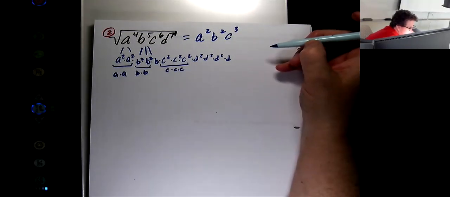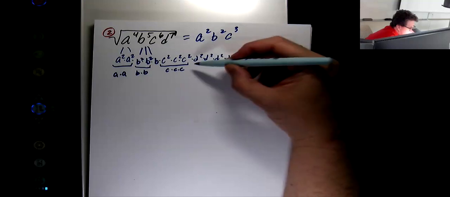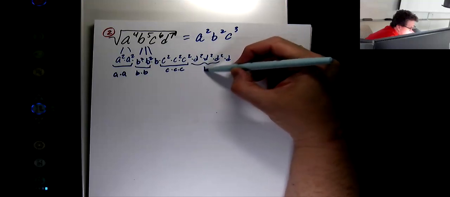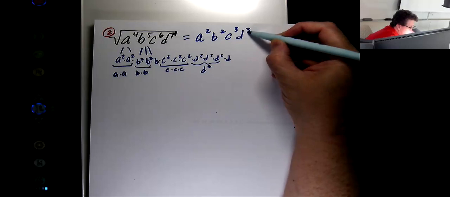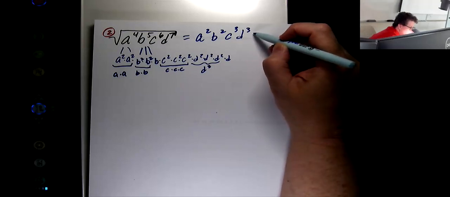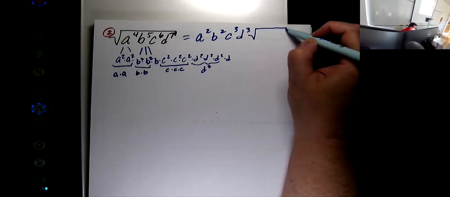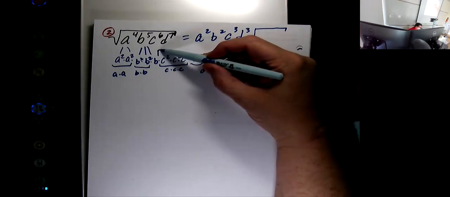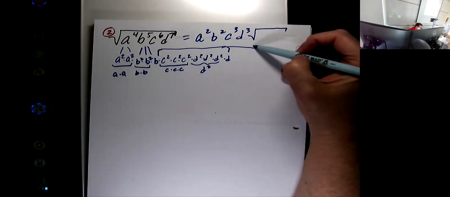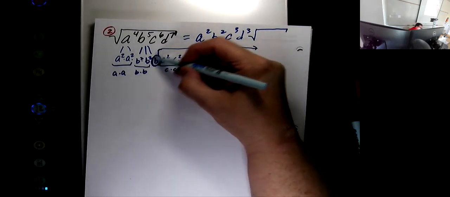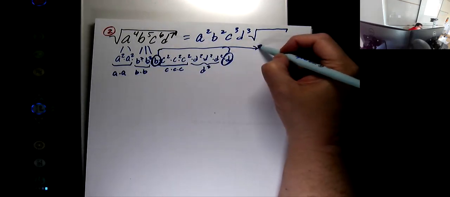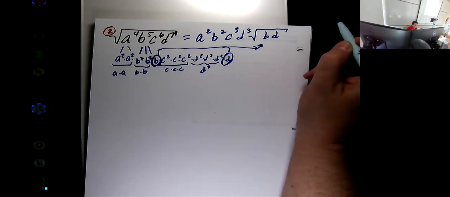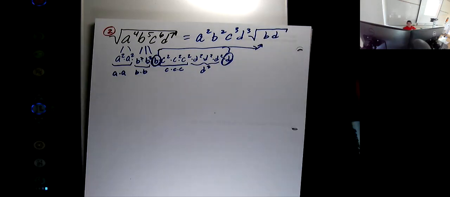And then I could pull three of the D's out. And what's left over? The square root of BD. Those are the only ones that didn't make it, so we'll put circles around them. B, D. Yeah, exactly.